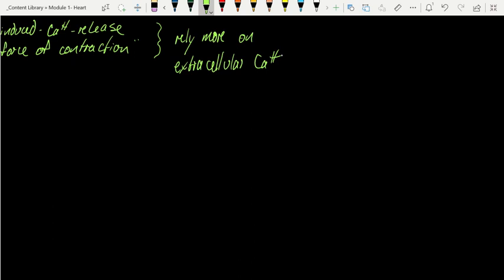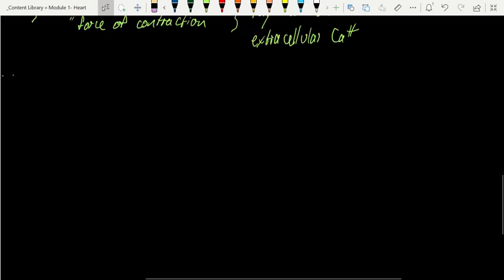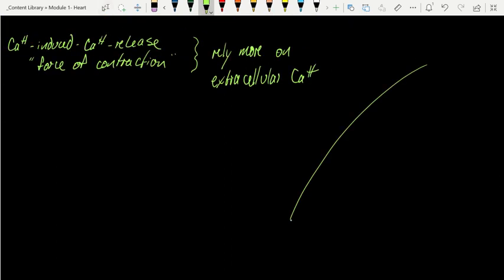So what do I mean by this calcium-induced calcium release? Well, if this was the surface of the cell, and we've got these L-type voltage-gated calcium channels, as soon as this opens up, calcium is going to go in. Like we said before, these were actually coupled. So this L-type calcium channel is dihydropyridine.